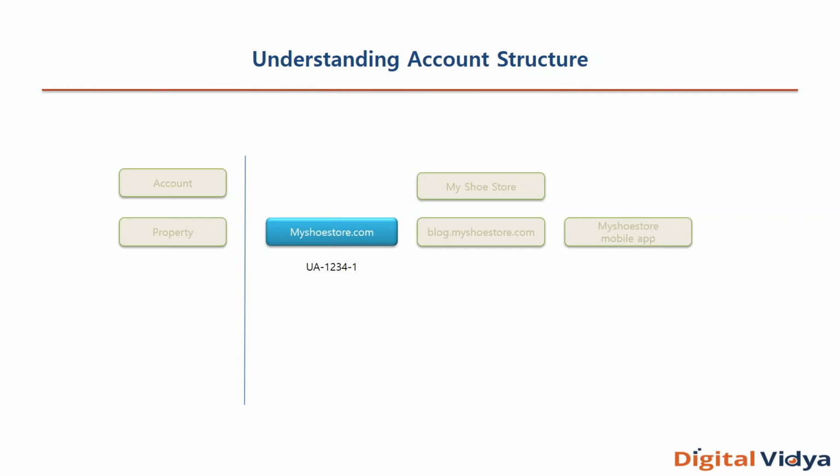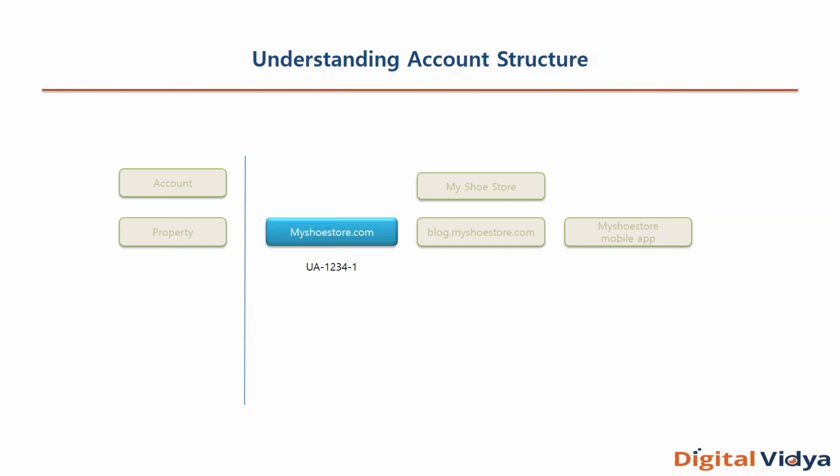So whenever you start to analyze independent websites under your business, you generate a property ID, which is of the format UA, Universal Analytics, hyphen your account number, hyphen property number.